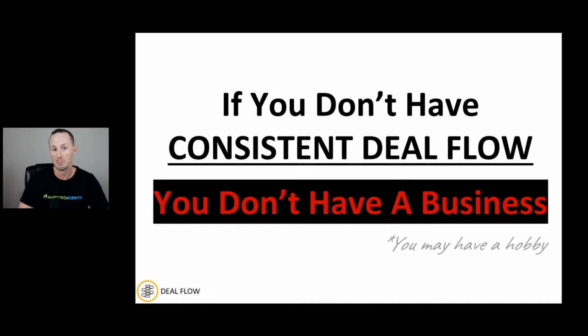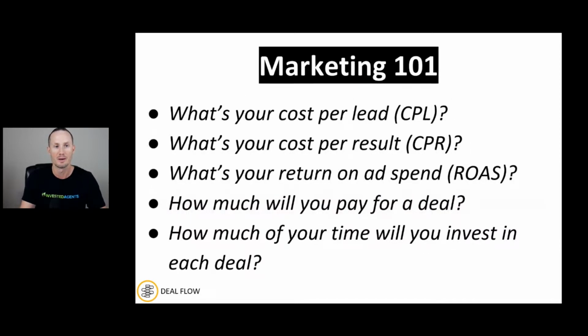Now, you might have a hobby, and that's okay. It's okay to have a hobby and a side gig where you're buying an occasional rental property here and there, a great wealth building strategy to build up some cash flow, or you're flipping a house here and there, building some extra cash. That's all great. It's not a business, but it can be a profitable hobby. That's okay if you want to do that.